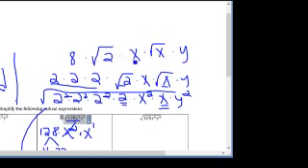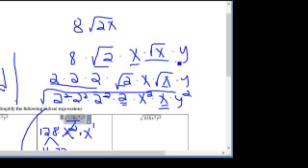This can't be multiplied into this, but these two are like terms, so they can be multiplied into each other. So we have 8 square root of 2x.